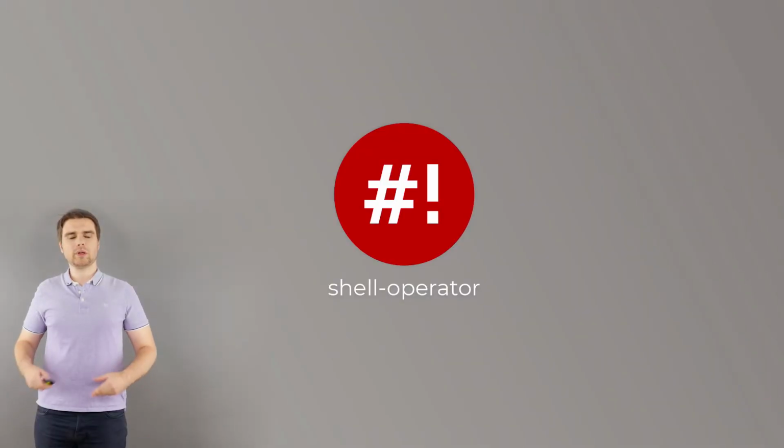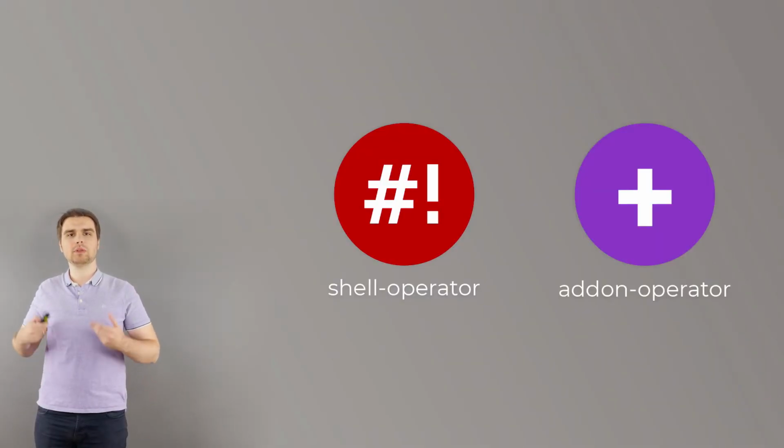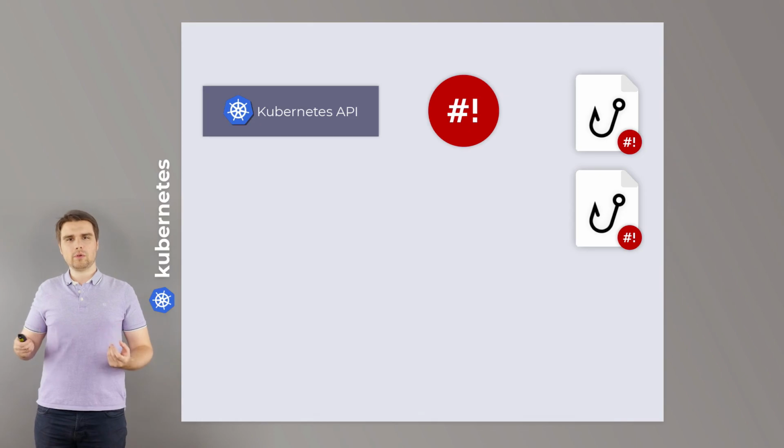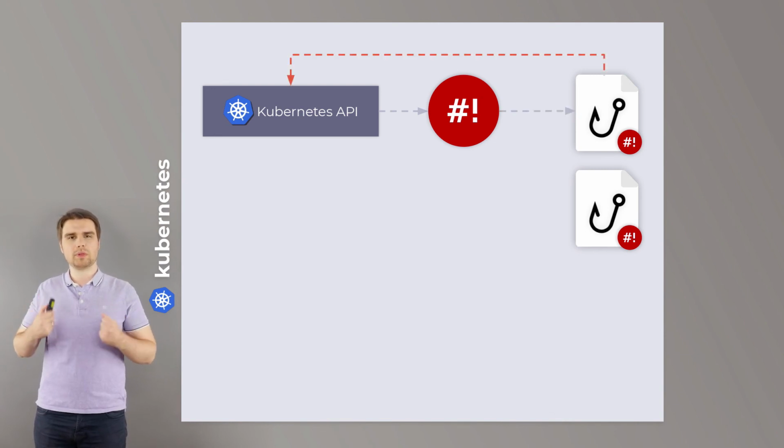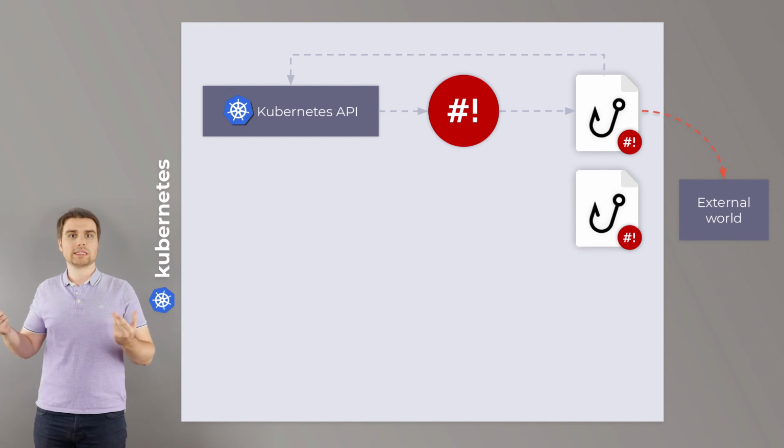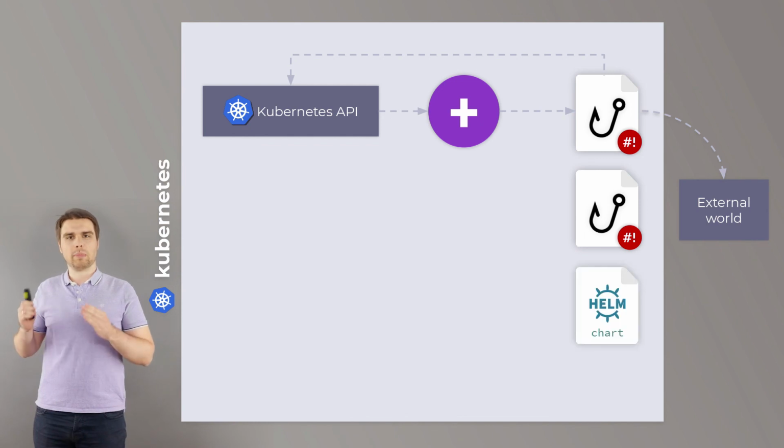Shelloperator has an older brother named addon operator. If you recall, Shelloperator subscribes to Kubernetes events, and executes hooks if something interesting happens. These hooks can change something in the Kubernetes cluster or affect something in the external world. If we replace Shelloperator with addon operator, we can bundle a Helm chart with it.